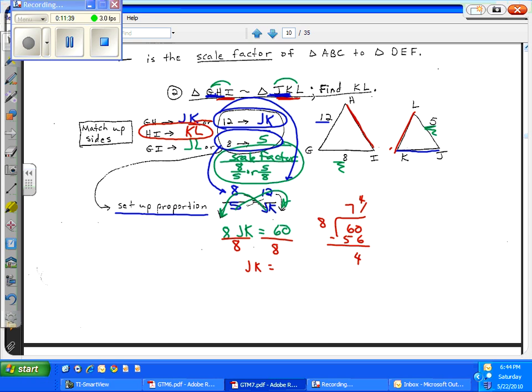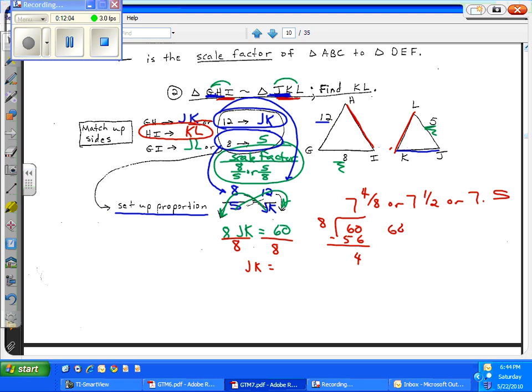Excuse me, this was a 7. We put the remainder 4 over the divisor 8. We got 7 and 1/2 reduced, or 7.5 as a decimal.